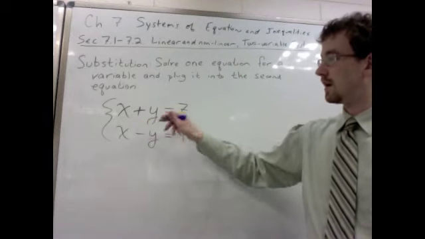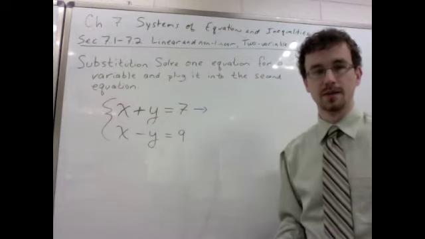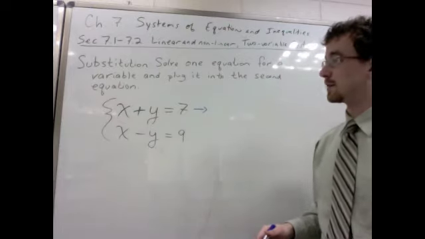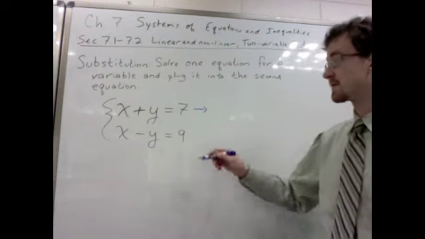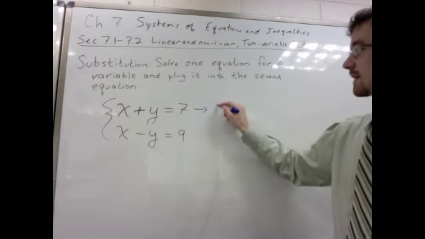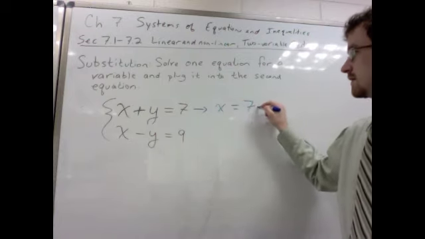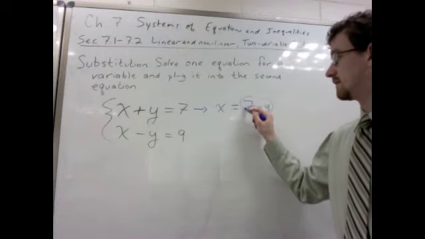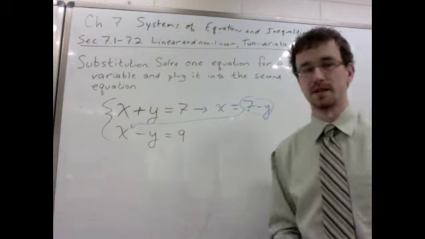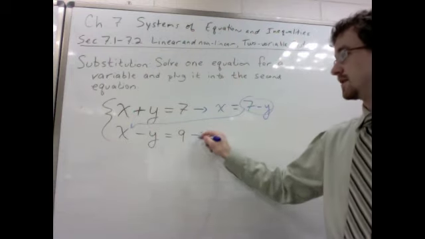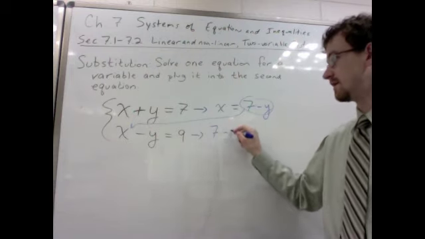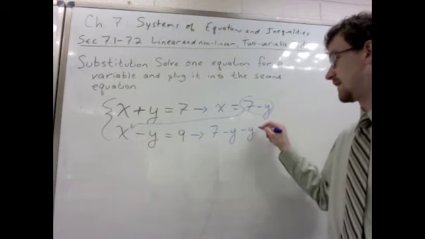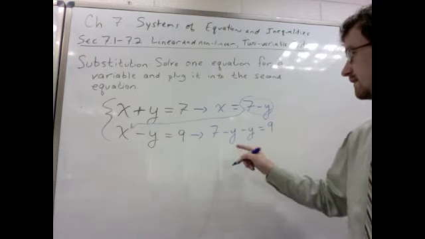So from our first equation, I will choose to solve for x, though it will work equally well if you solve for y or x. Rearranging this, we can get that x is 7 minus y, and then we take that value and plug it in for x in our second equation, which gives us 7 minus y minus y equals 9.